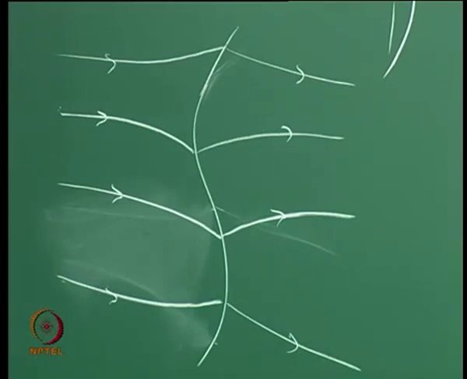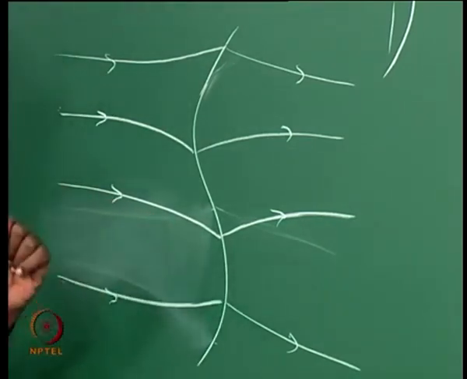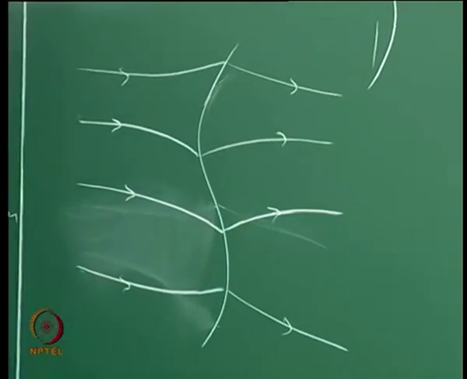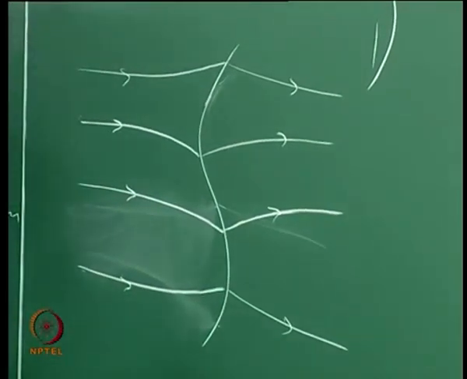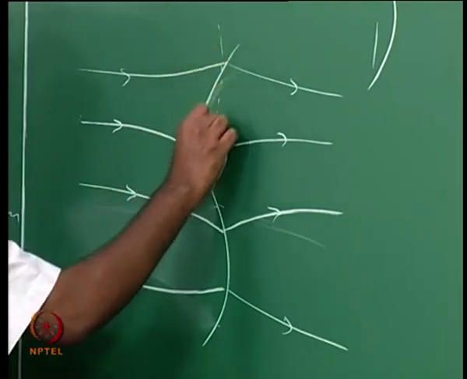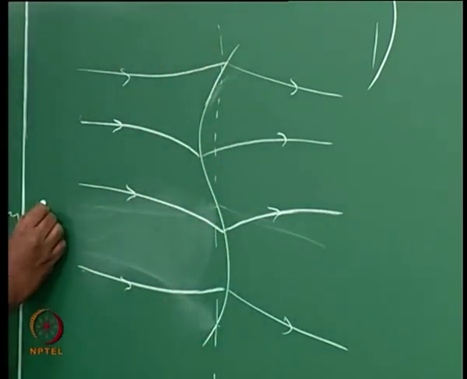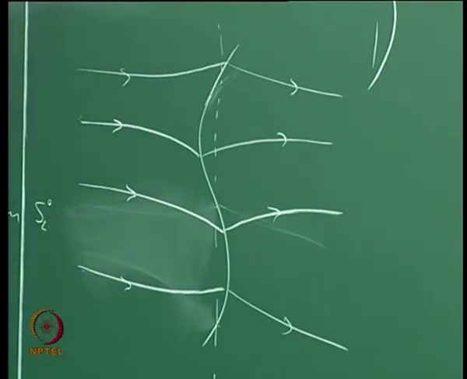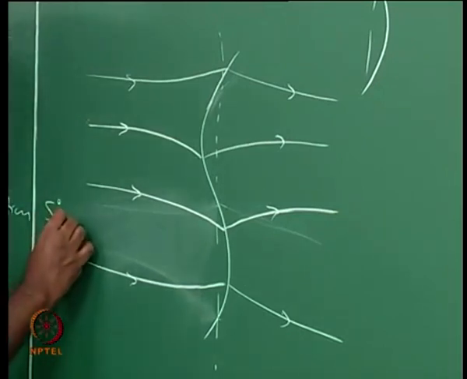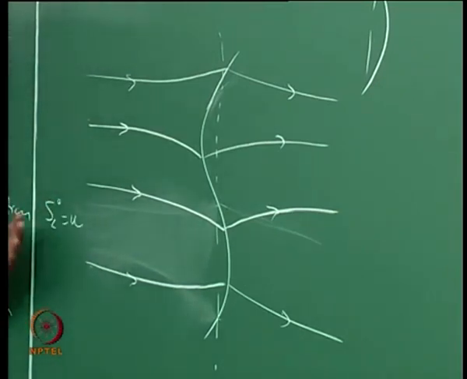So look at what's going on here. You have a situation where you are thinking that you want to have a flame that is stabilized at SL naught. Now this is what is equal to U locally here.